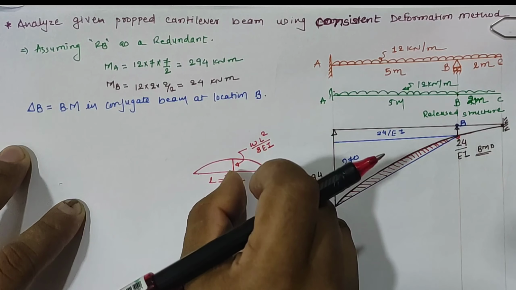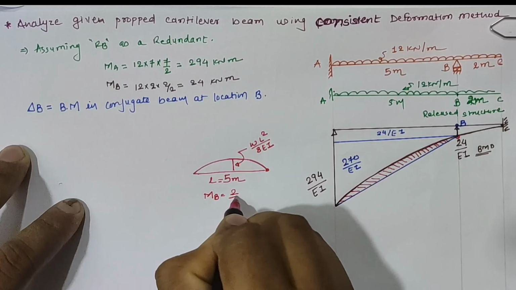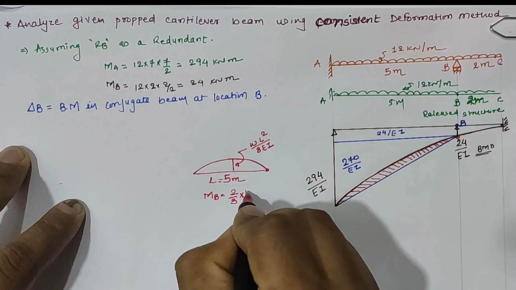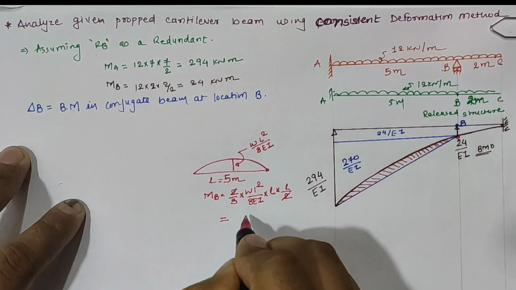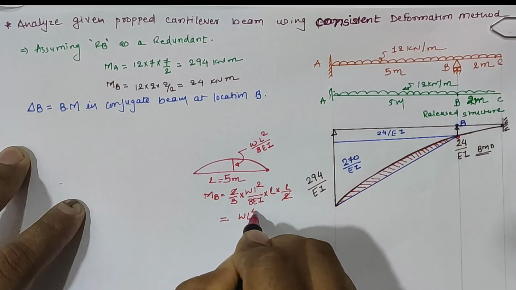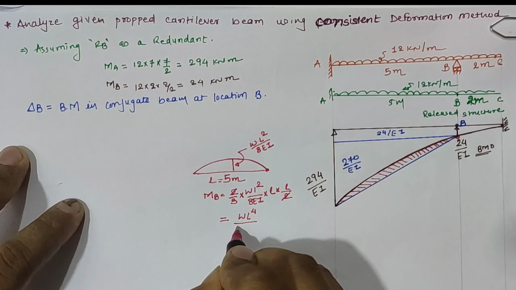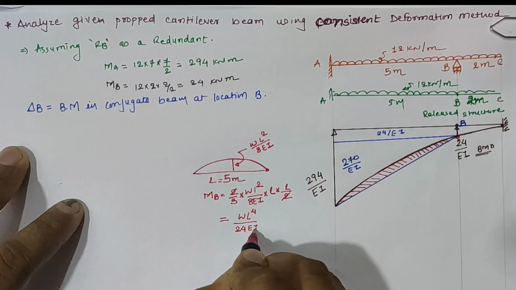So the moment at location B for this hatched part can be calculated by 2/3 into the total peak value of W L square by 8 EI, into the total span L, and the CG distance is exactly at L by 2. So 2 is cancelled. So the rest value is W L raised to 4 divided by 24 EI.